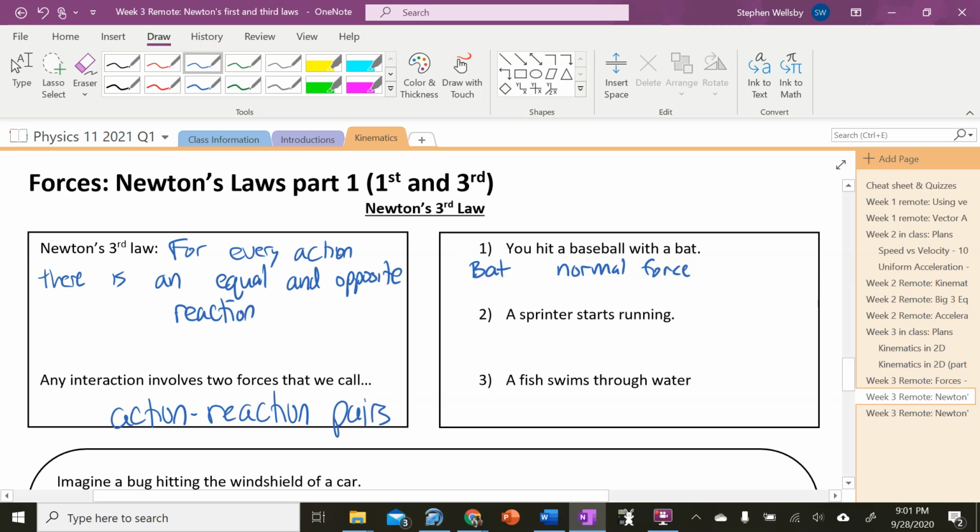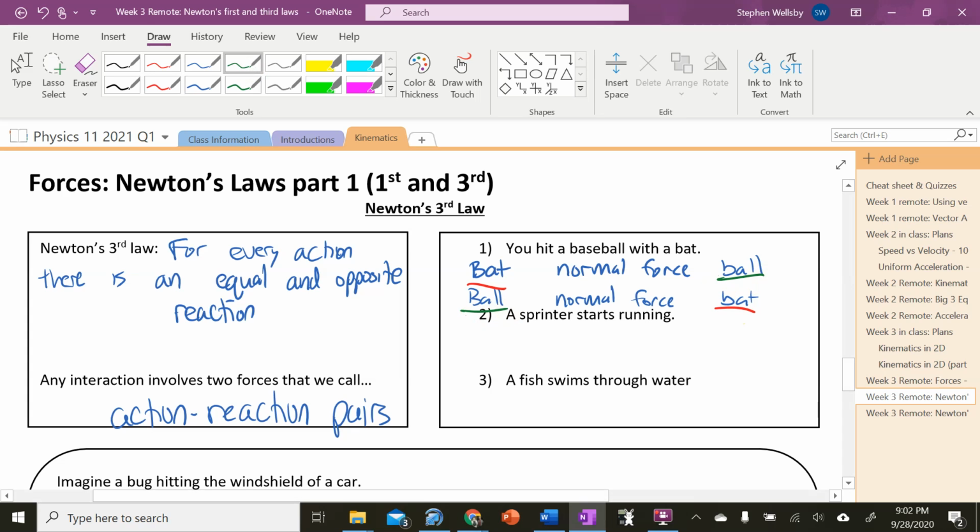Normal force is just a contact force between two solid objects. So the bat applies a normal force to the ball. And likewise, the ball applies a normal force to the bat.